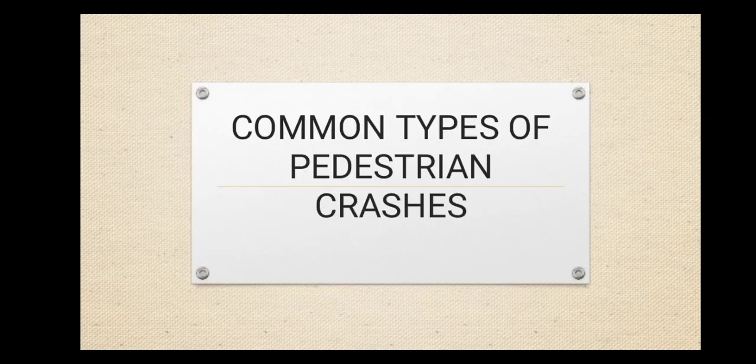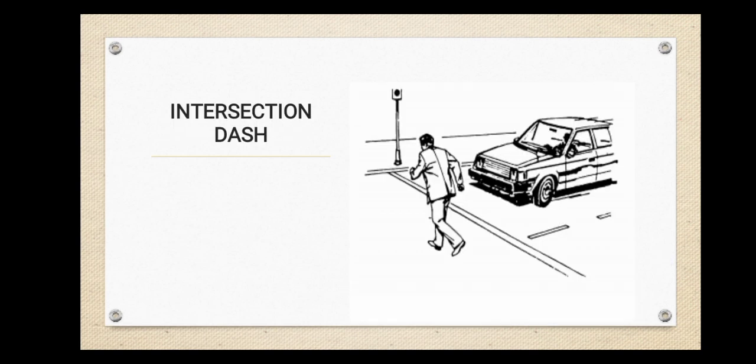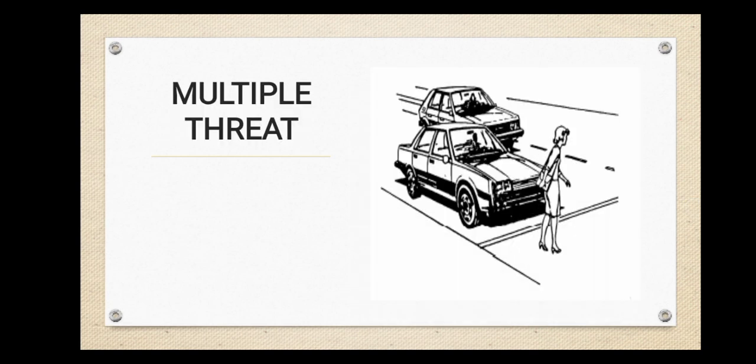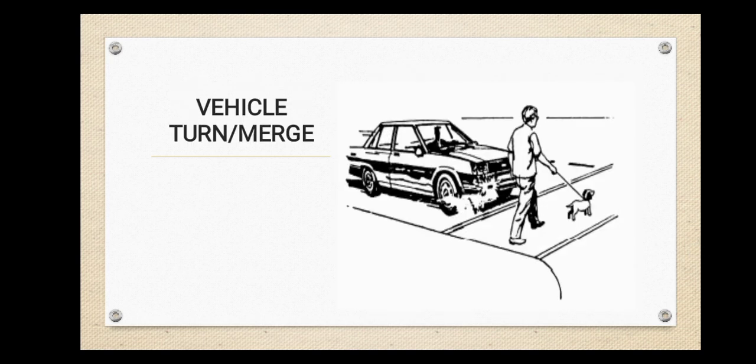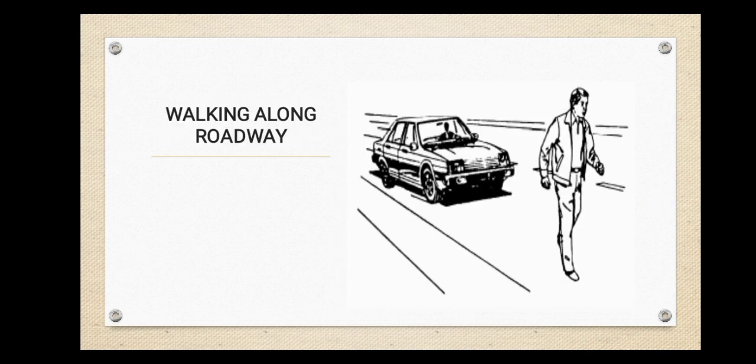So, the common types of pedestrian crashes are the dart out, intersection dash, multiple threat, vehicle turn or merge, bus stop, and walking along roadway.